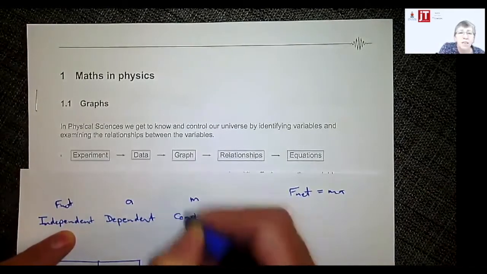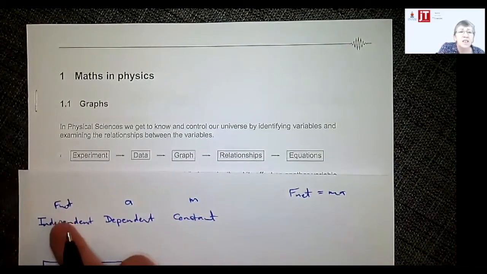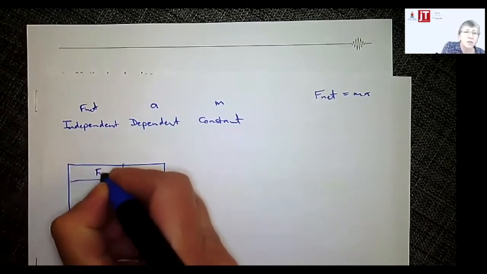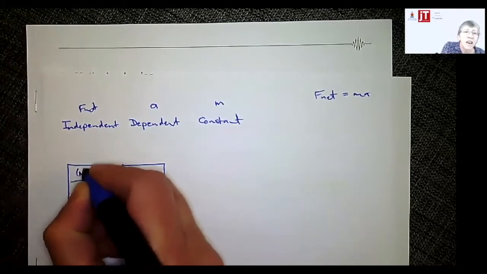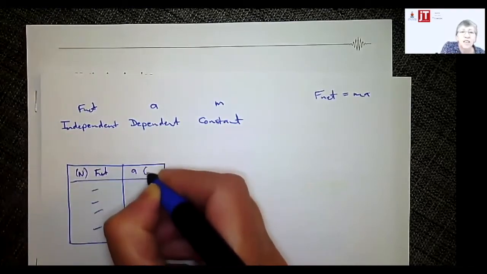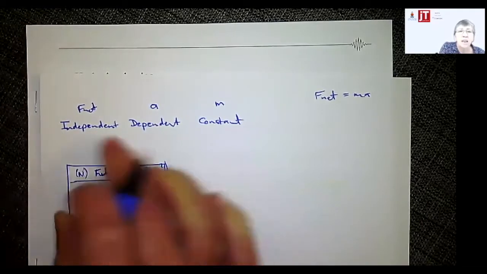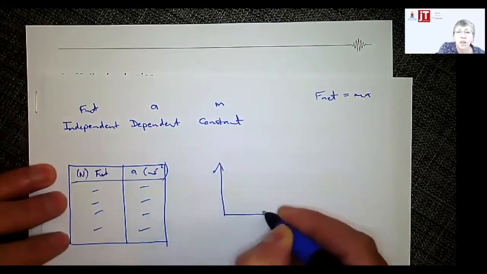And we kept the mass of the object constant. So you applied different forces and measured the a. So you'll get different applied forces in newtons, and that will give you different accelerations in meters per second squared, right? So the experiment gave you data.